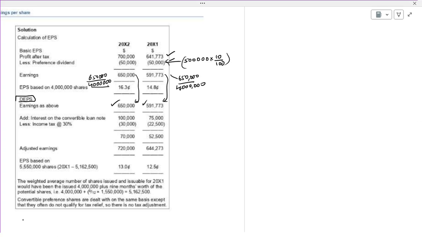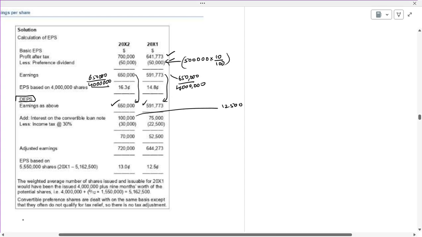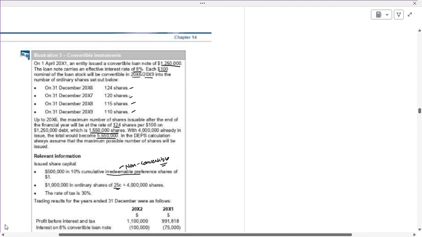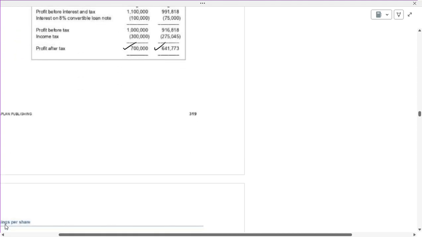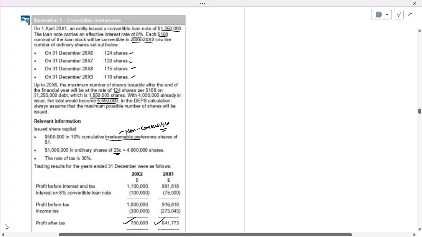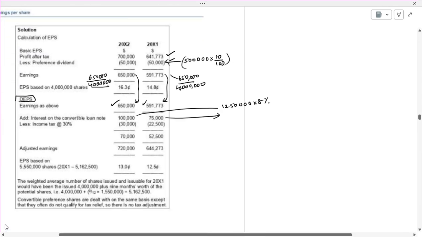This is fine. 1250 times 8% over 100. 1250 times 8%. Add interest 75,000.